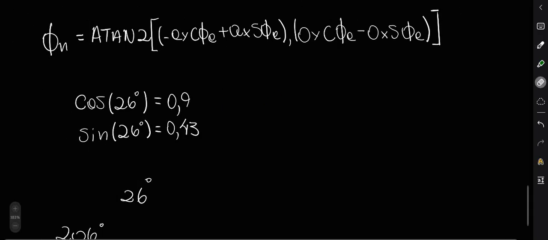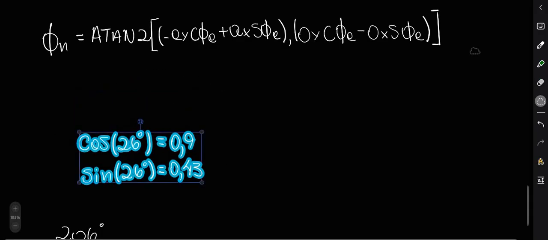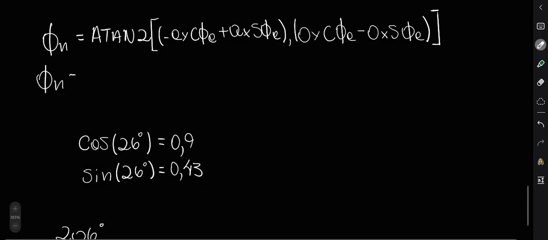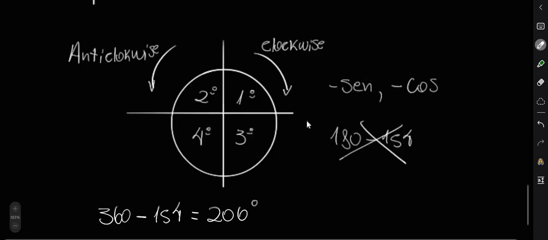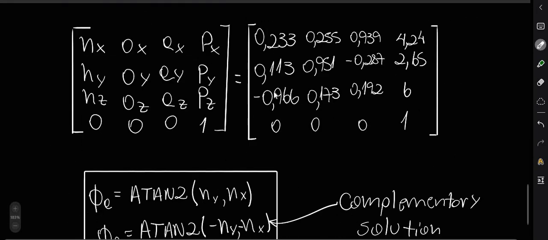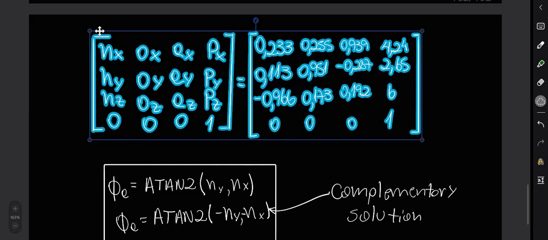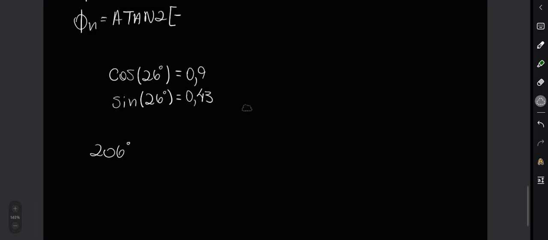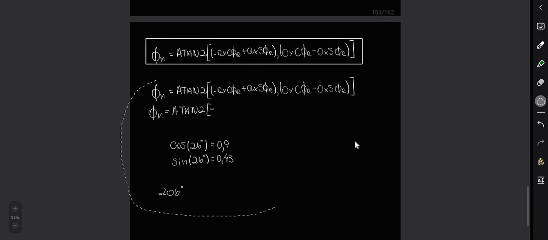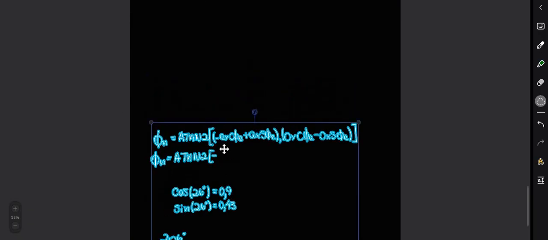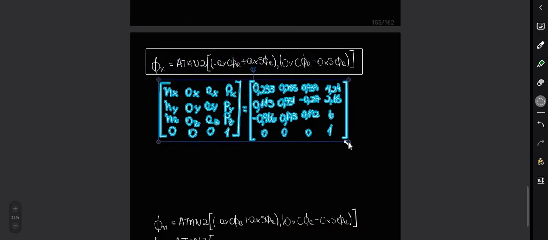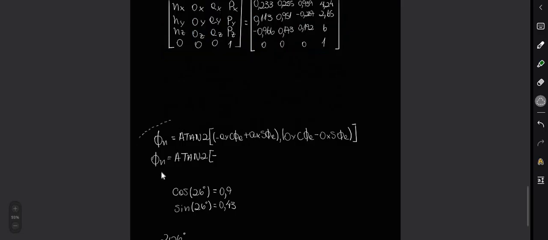Okay, so is atan2 of minus AY, let's copy this again to use as reference. Okay.